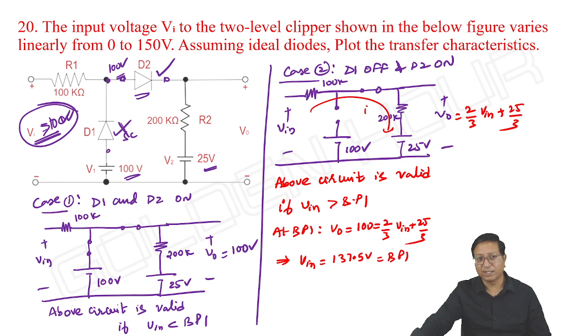No. There is no scope for D2 to go off in this case. D2 is continuously on. Below 137.5, both D1 and D2 are on. If input is greater than 137.5, then D1 becomes off and D2 is on.